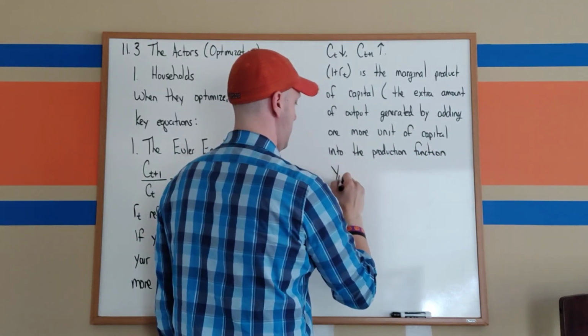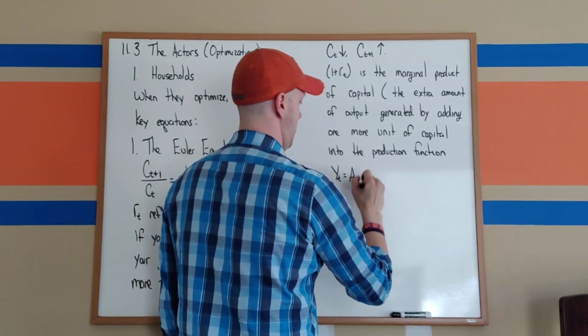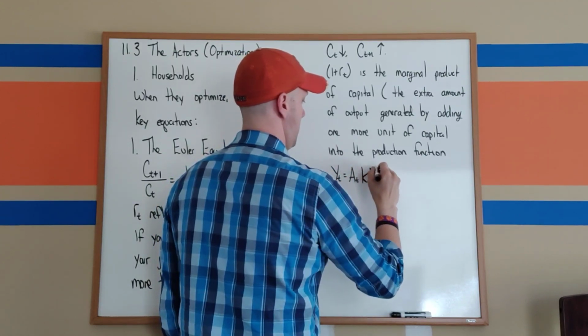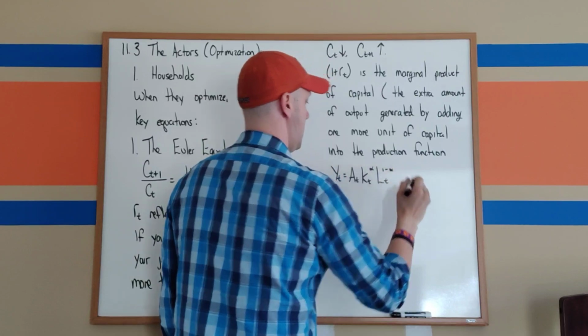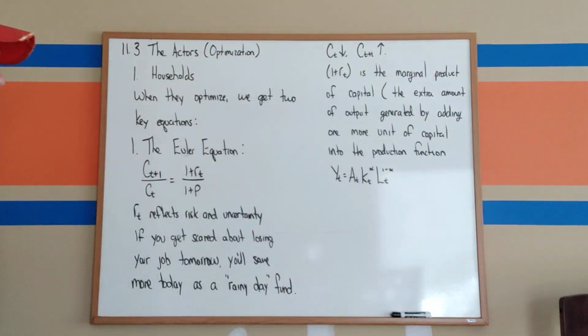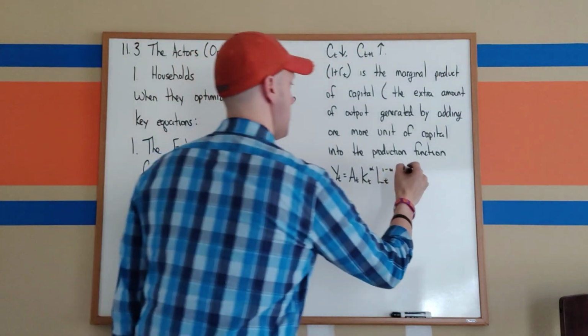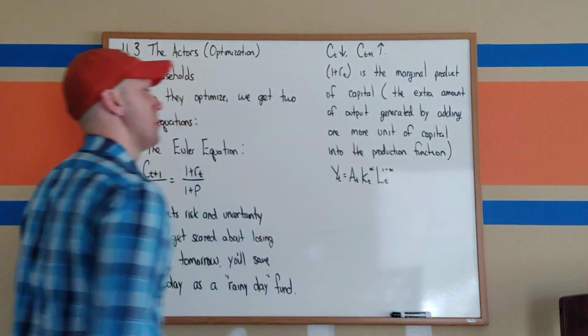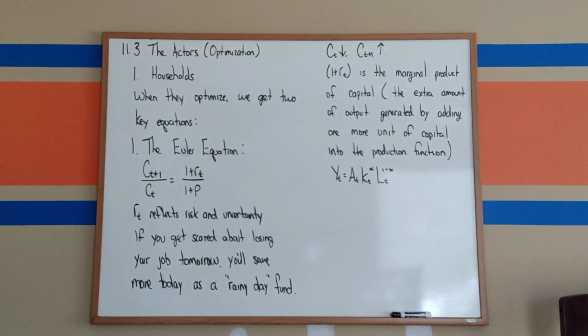Which was this. All right, so the marginal product of capital is equal to 1 plus the interest rate.